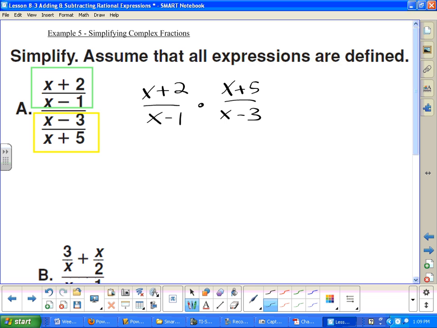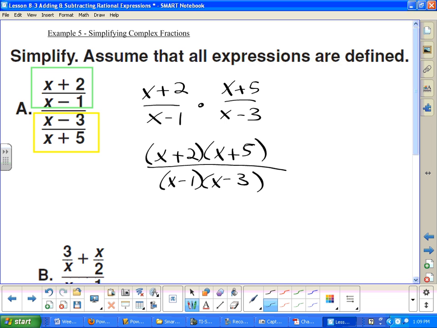No. So I'm just going to write my answer as the product of the factors, numerator over the denominator. But when you see a problem like this, all it is a fraction divided by a fraction, copy, change, and flip, make it a multiplication problem, and you're good to go. Okay?